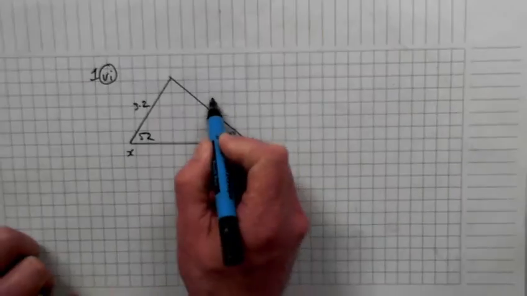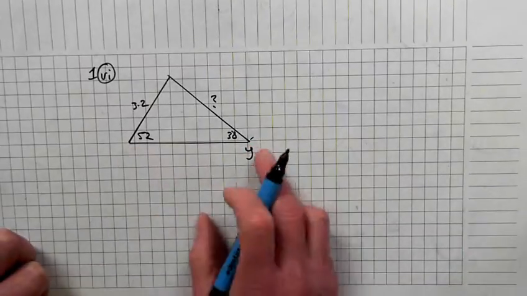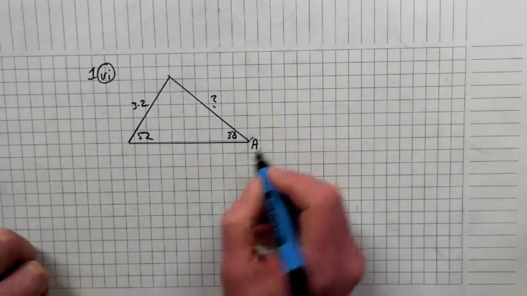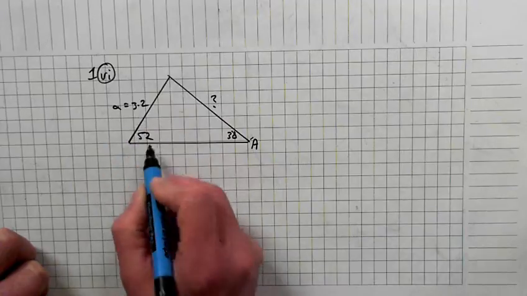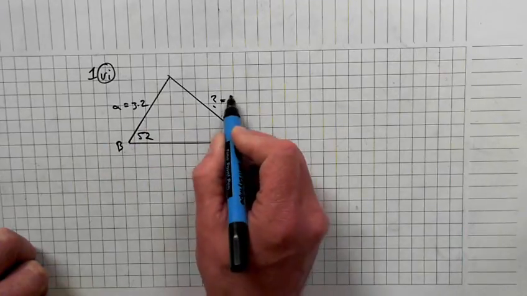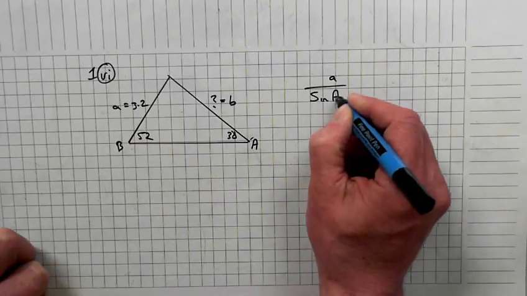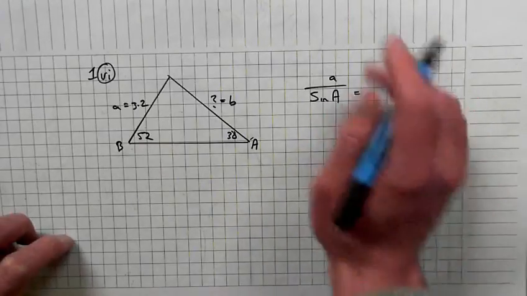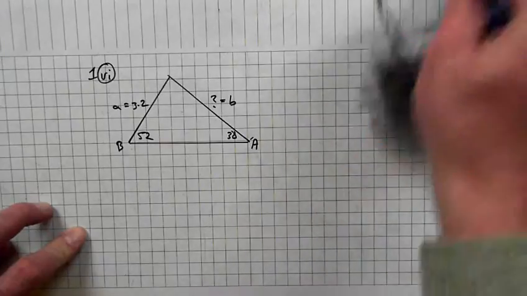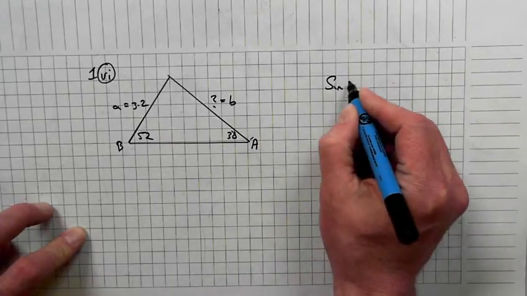Suppose you're looking for this side here. We'll change our lettering. We'll call that angle A and we'll call that side A. We'll call this angle B and we'll call this side B. You can equally write this upside down.